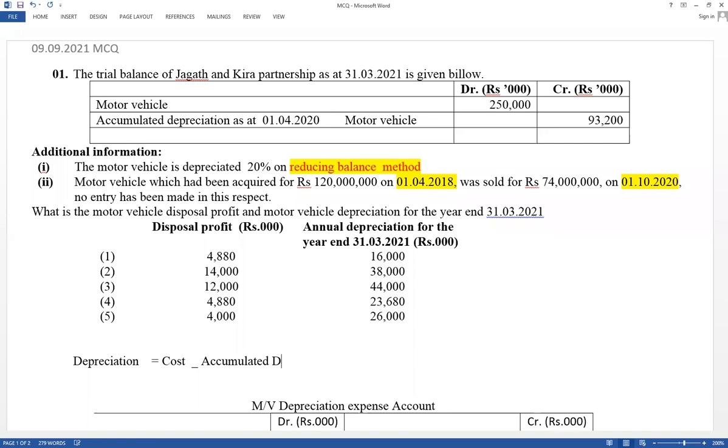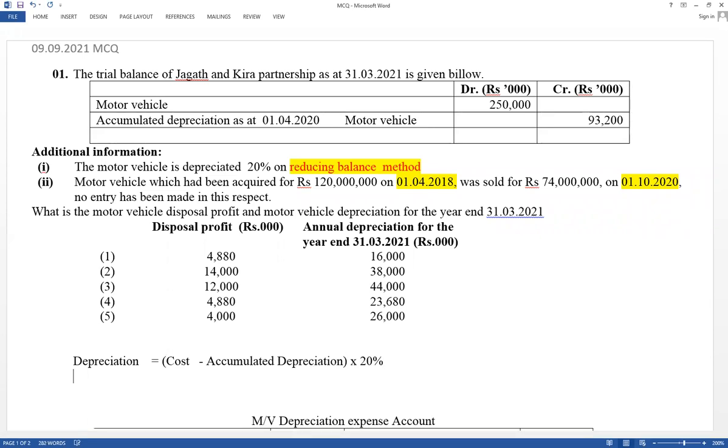Cost minus accumulated depreciation, into percentage. Reducing balance method, 2 years and 6 months used, and the given percentage is 20%. First calculate year 1. Each year should be calculated separately.